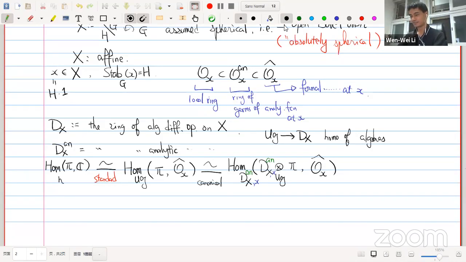So far, it seems like I'm making our original question more and more complicated. So what is good about this? Let me give a name to this tensor product inside. This is nowadays called the localization of the G module pi.